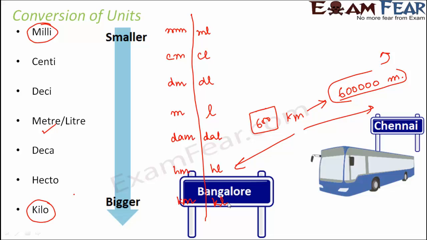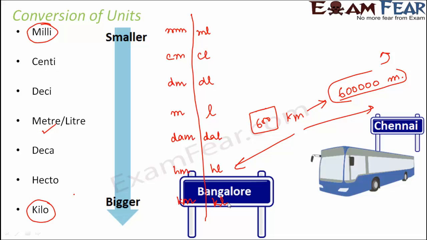So you have grams, milligrams, centigrams, kilograms, hectograms, and so on. So that's how the unit varies depending on which quantity you are measuring, whether it is volume, length or weight. So that varies, right? Now the question is, what about the conversion?